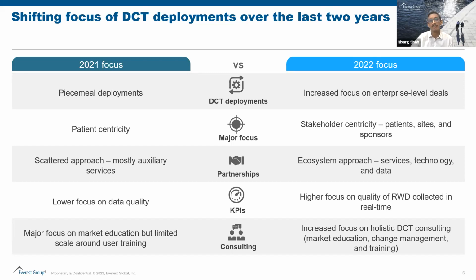So in the inaugural assessment, we were speaking to a lot of pharma sponsors who were thinking of deploying the DCT products in terms of a best of breed approach. However, a lot of this shifted focus toward an end-to-end platform adoption. So nearly 6 out of 10 pharma sponsors were thinking about it from a best of breed angle in 2021.